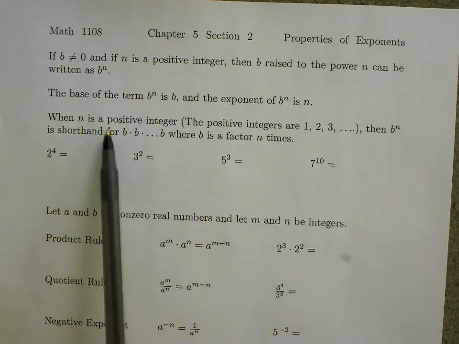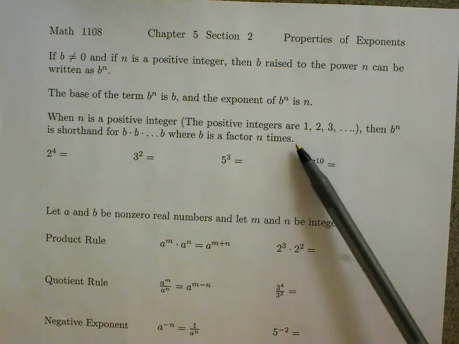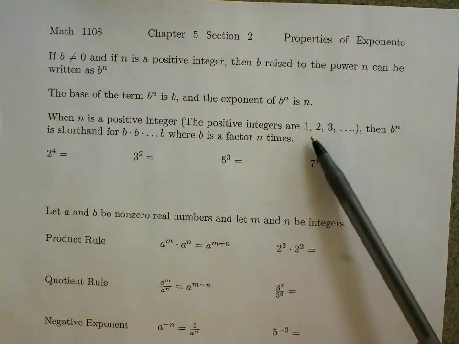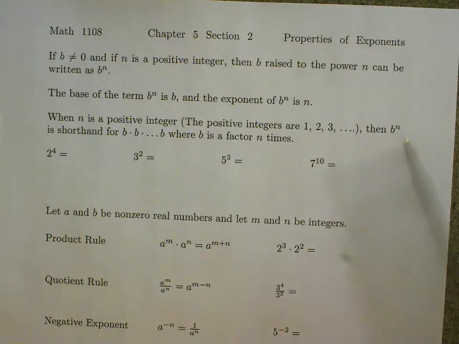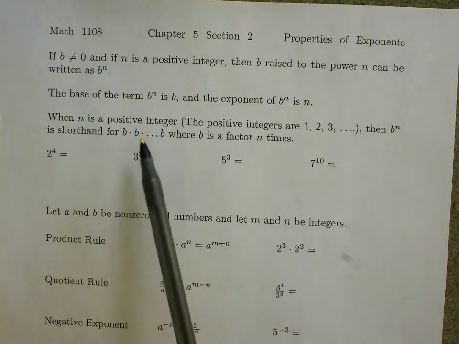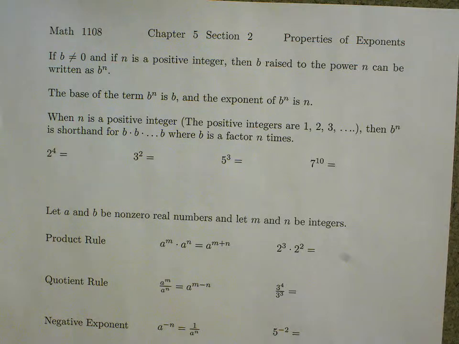When n is a positive integer, and just as a reminder, the positive integers are 1, 2, 3, 4, and so on, then b raised to the power n is shorthand for b times b times b and so on, where b is a factor n times.